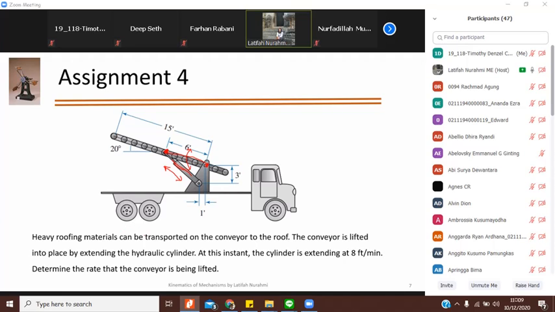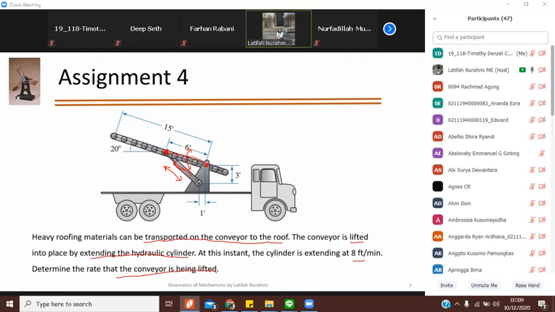And let's read here. Heavy roofing materials can be transported on the conveyor to the roof. The conveyor is lifted into place by extending the hydraulic cylinder. At this instant, the cylinder is extending at 8 feet per minute. Find the rate that the conveyor is being lifted. So what is the question here?